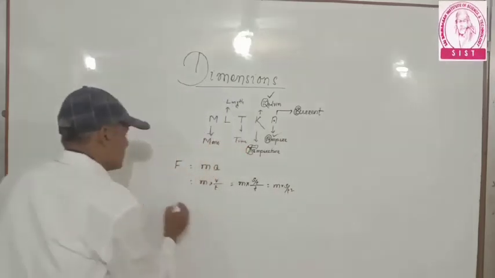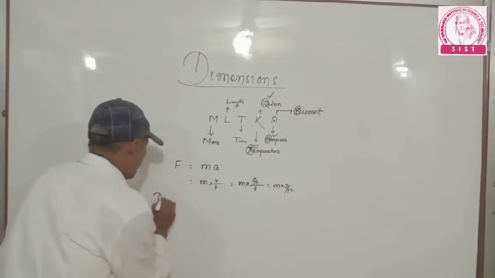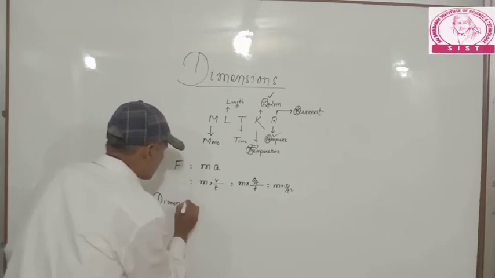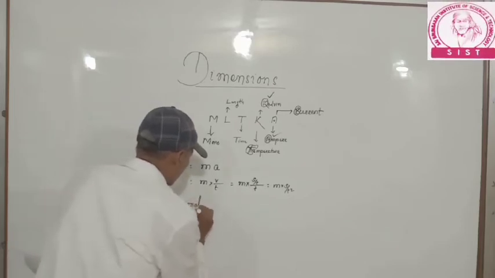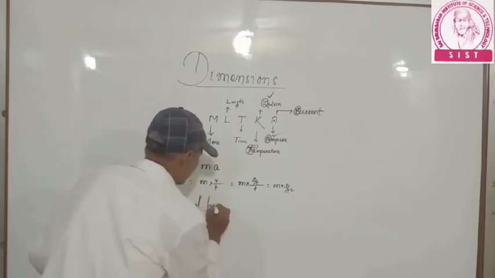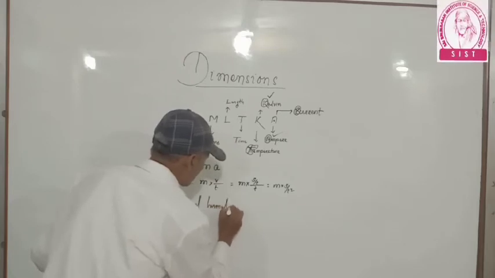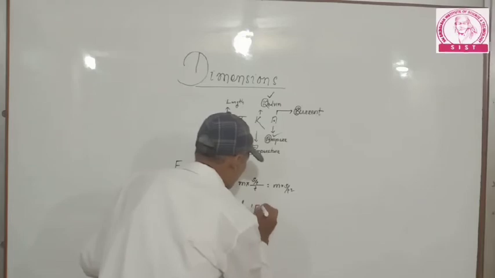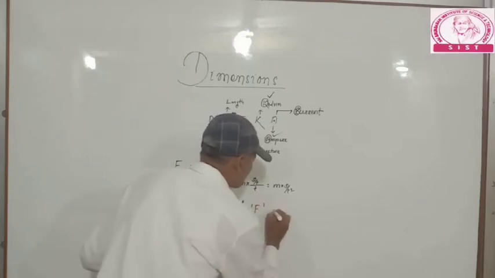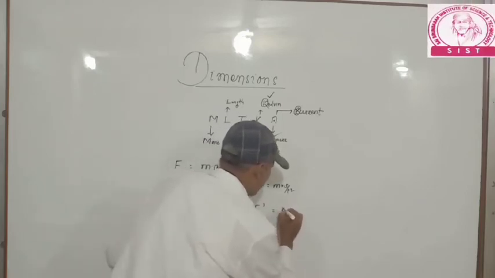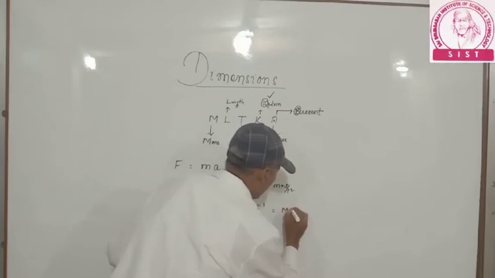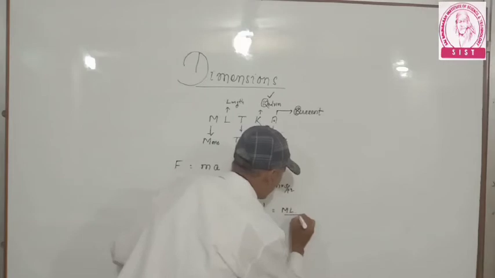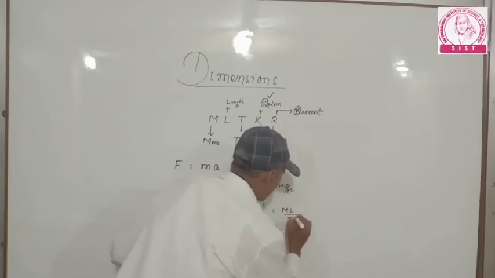So now we can write the dimensional formula of force is equal to M L by t square.